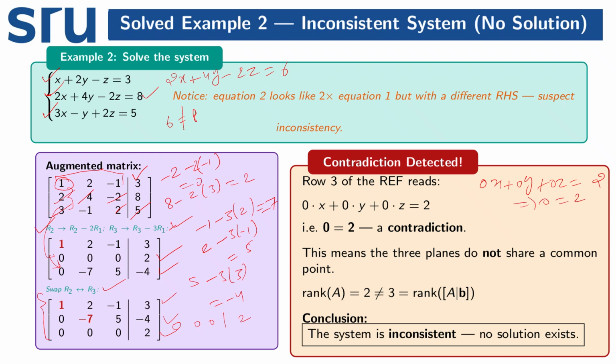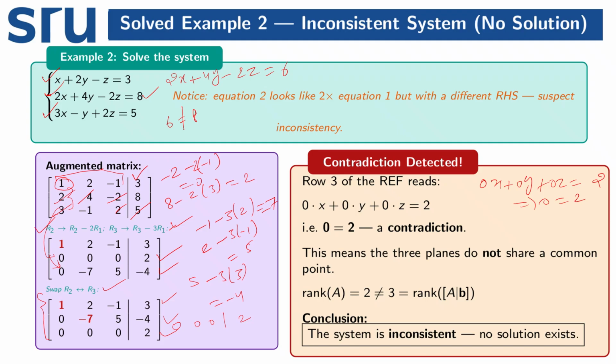It is not possible, right? This is called contradiction. It means there is no value of x, y, or z that can satisfy this system of linear equations. So what we conclude here is the system is inconsistent.